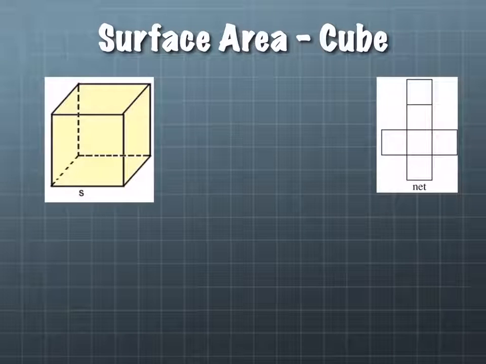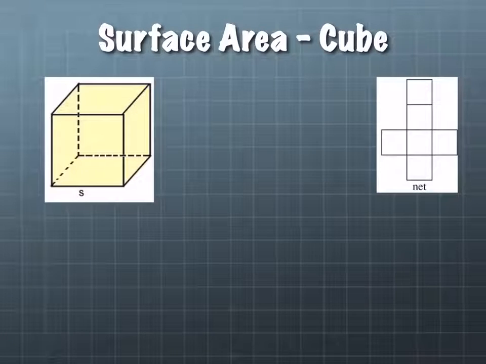Okay? So we're going to take a look at a very simple one first, one called a cube. There are two pictures on here, and as we work through some of these, it's often helpful to think of these two separate pictures. The one on the left is the three-dimensional object itself. The one on the right is what's called a net. If you can imagine having this two-dimensional shape, maybe made out of paper or cardboard, and you were somehow able to cut apart pieces of it so that you could lay it flat, you'd get what you have on the right-hand side here, the net.